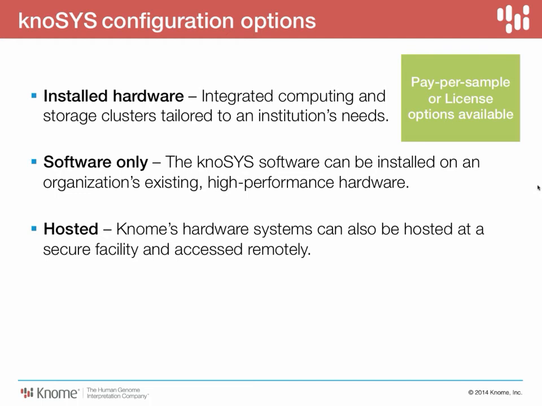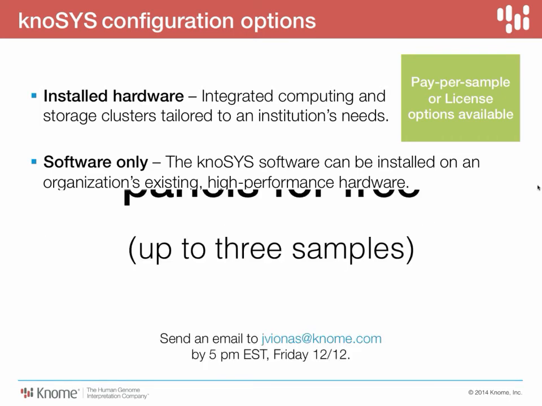We are providing this Gnosis system in a variety of ways. One is on installed hardware that Knome is providing. And these are integrated computing and storage clusters that are tailored to an institution's needs. So we have different models depending on the amount of genomics that you're doing and the throughput that you demand and how much storage you need.